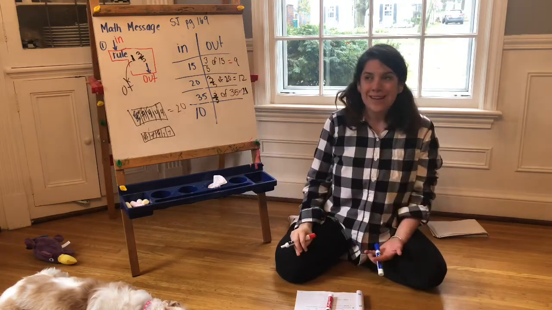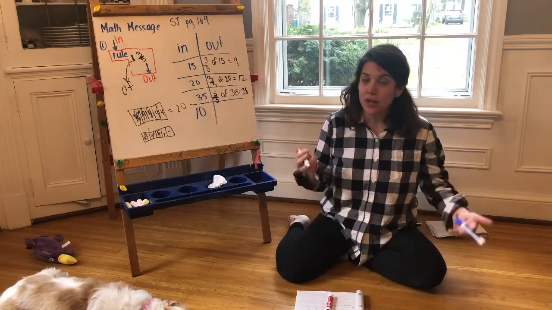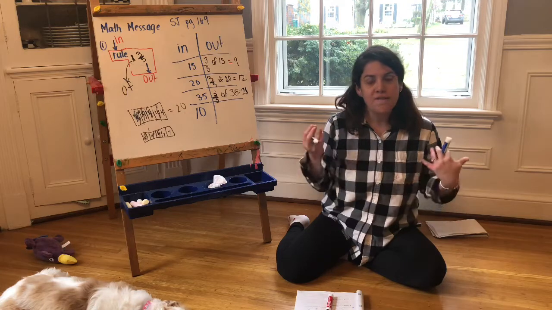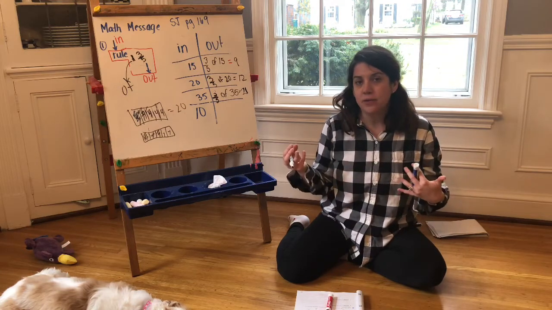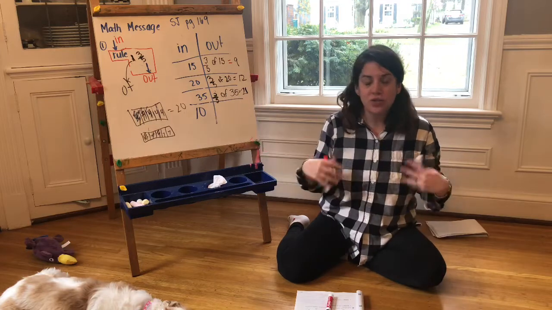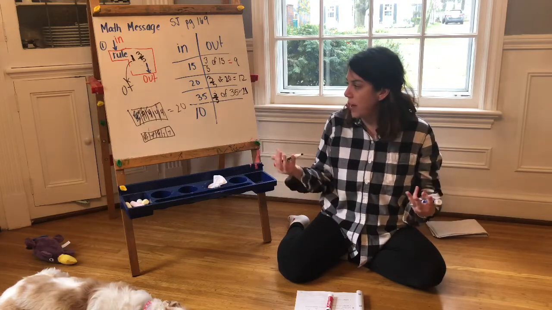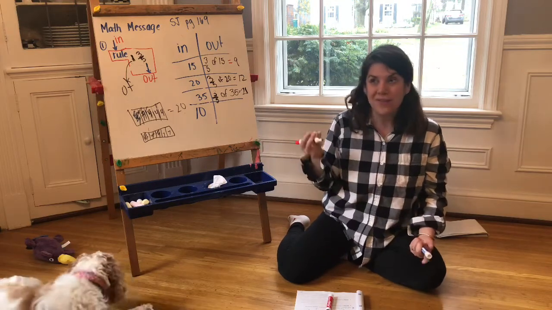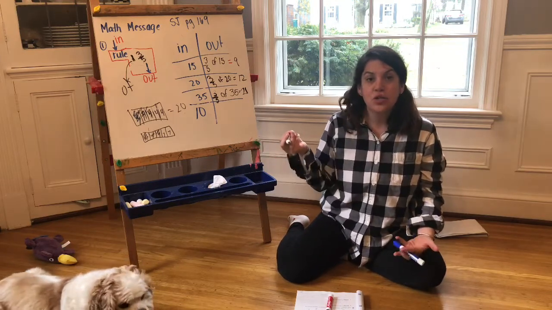Now, I'm wondering, because we always talk about efficiency, what would be the most efficient way to solve these problems? I'm thinking about what strategy I could use. Well, if we get down here to 10, we knew that 1/5 of 10 was 2.